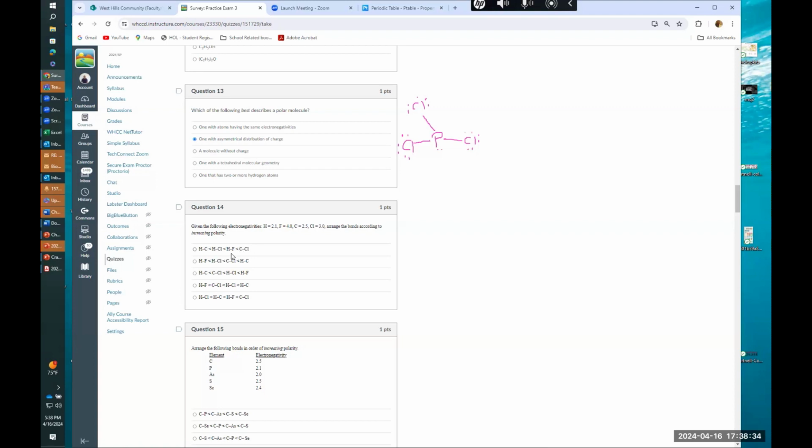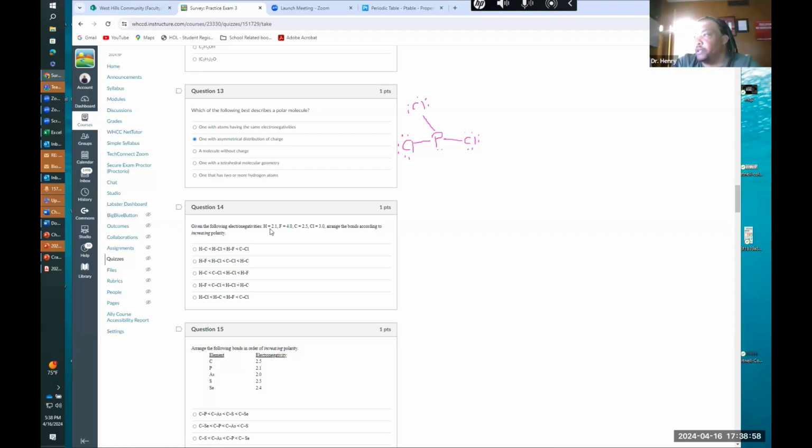Arrange the bonds according to the polarity. The highest is 5.0, the electronegativity. So we're looking at electronegativity. Remember, we take the difference of the two, and that'll let us know which one is more polar.